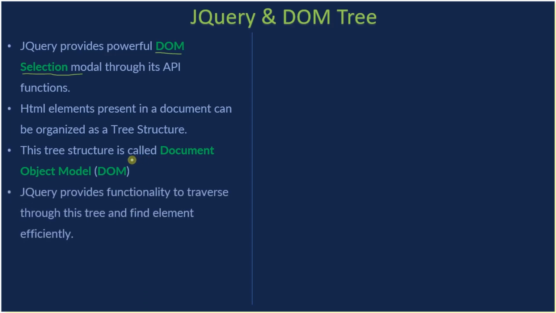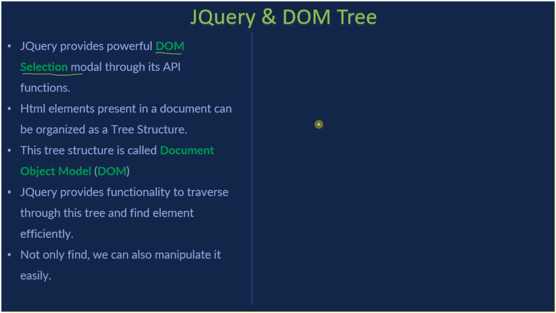JQuery provides functionality to traverse through this tree and find elements efficiently. So it's simply an HTML document that contains multiple HTML elements, and picking a specific element or adding an element to the DOM tree, all those things will come in handy when we are using JQuery.